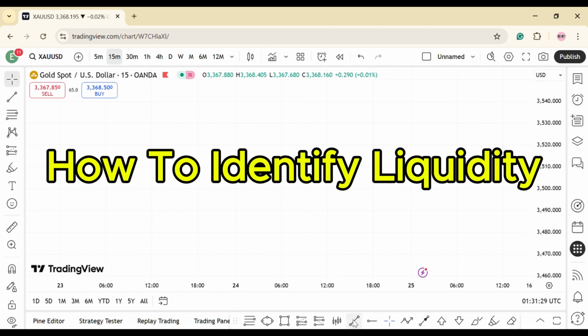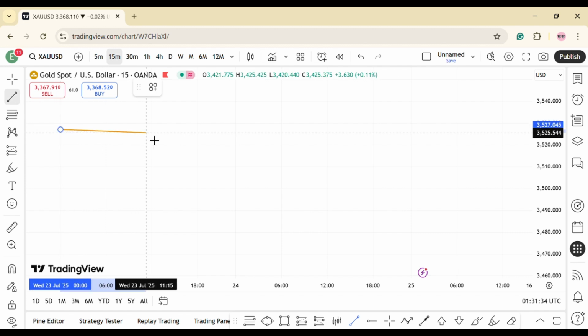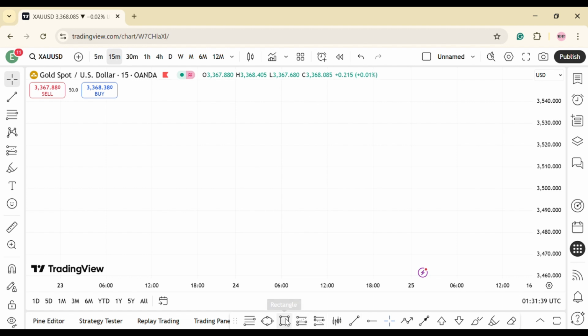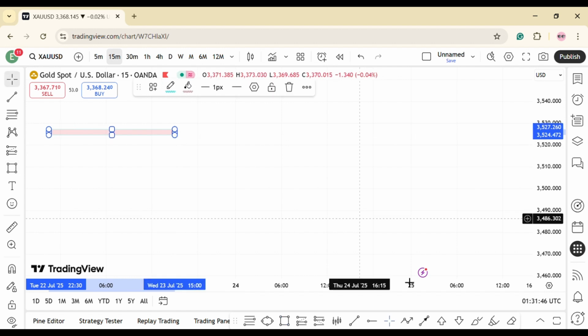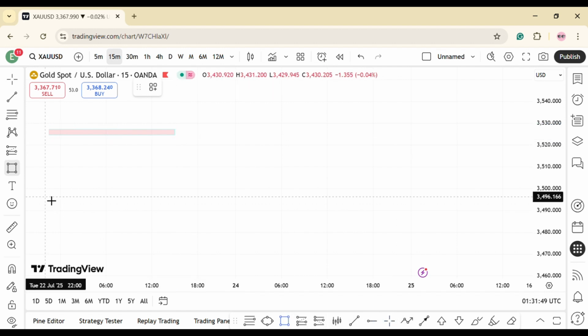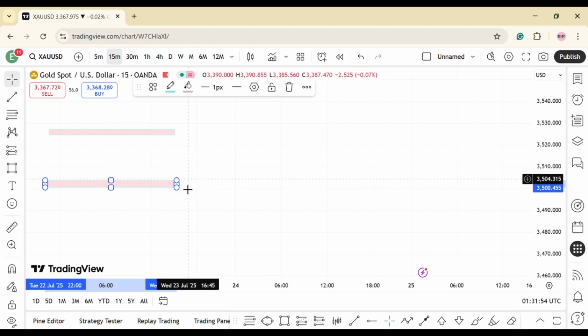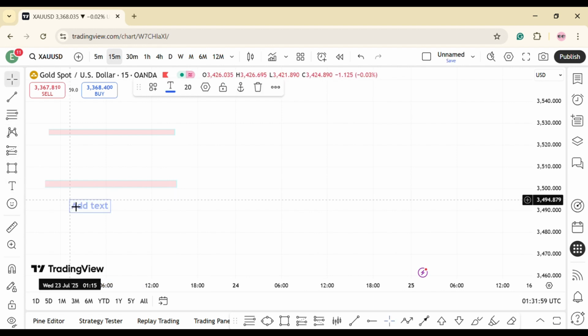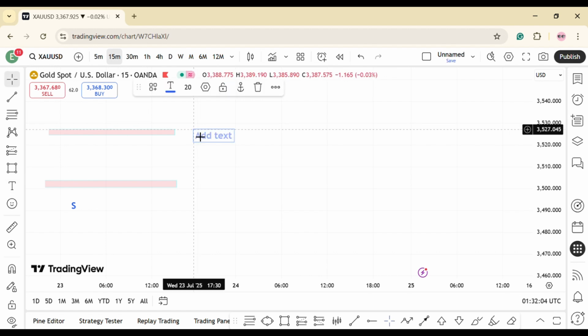This is it. These are support and resistance. These are our support levels, and these are our resistance zones. Let's label it: S for support, R for resistance.